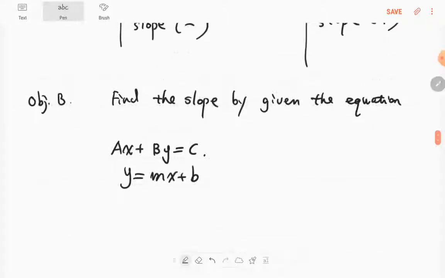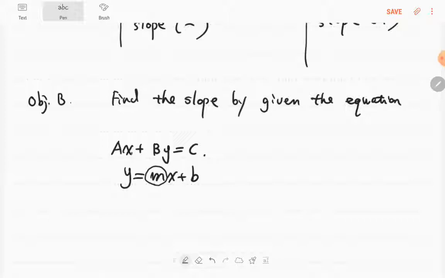If we can change our standard form to solve for y, then we will automatically get the slope of this straight line. And the slope is just the coefficient of x.